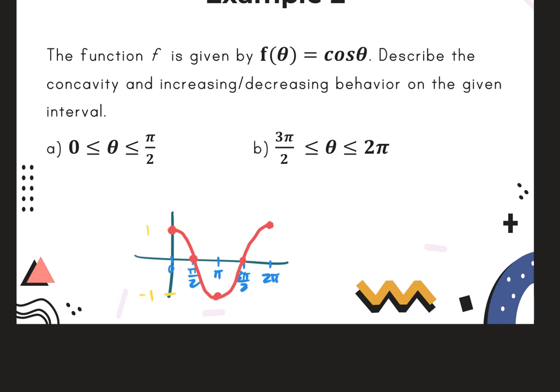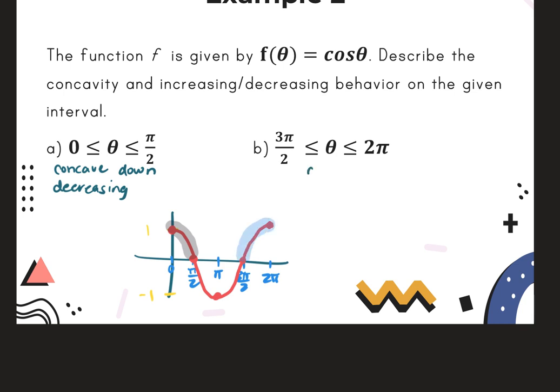So what's happening from 0 to pi over 2? Concave up or down? Down. Increasing or decreasing? What's happening from 3 pi over 2 to 2 pi?